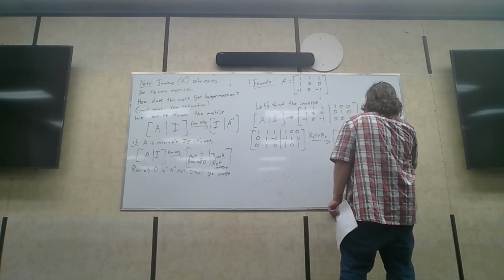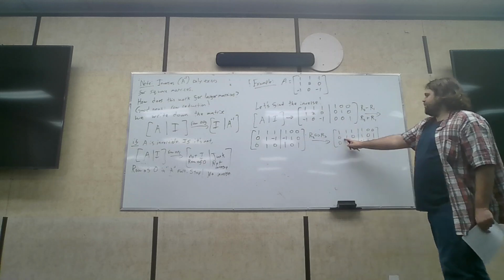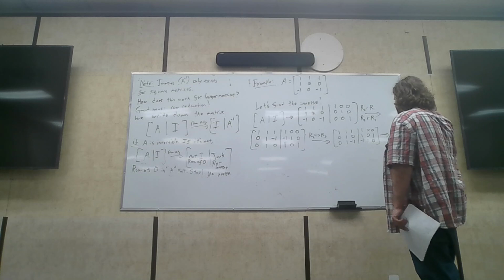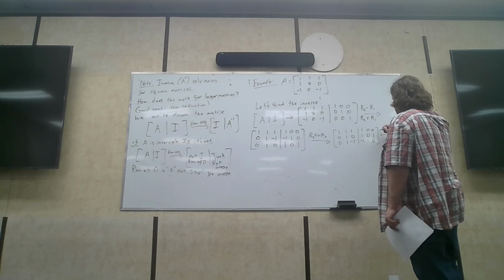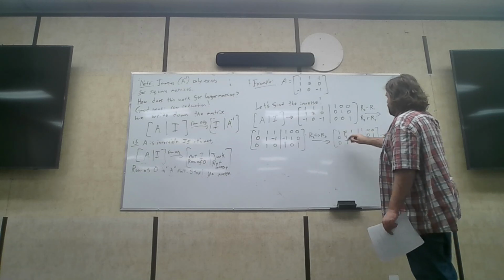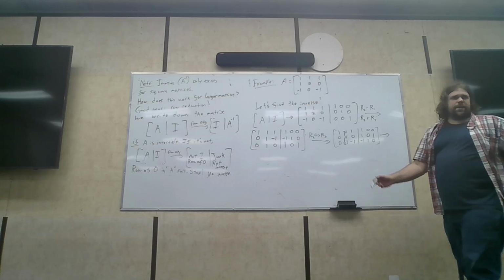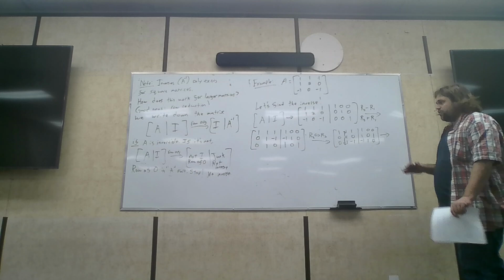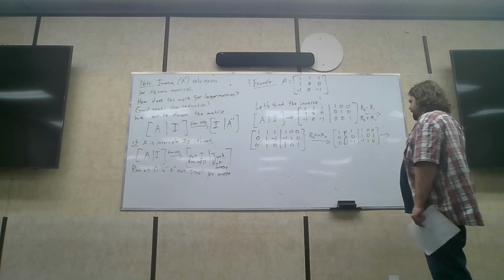Minus 1, 1, 0. Okay, so now we just have to use this to get rid of that below. And actually, we can also use it right now to get rid of what's above too. We might as well. If you want to just keep going through the algorithm, that's fine. I just want to save space because I'm running out.